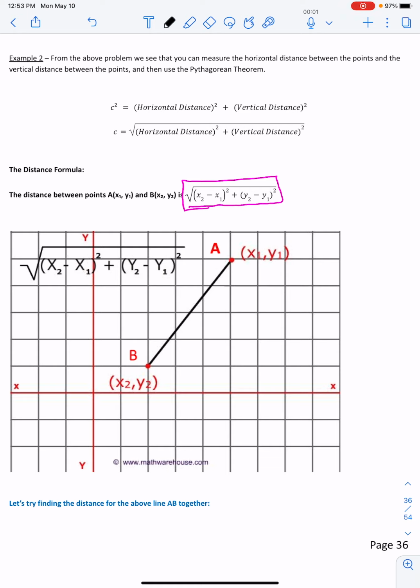So for example, in this instance, to find the distance between 2 points, and notice this is our x-axis, here's our y-axis. So our point here is 2, 1, and our point here is 5, 5.